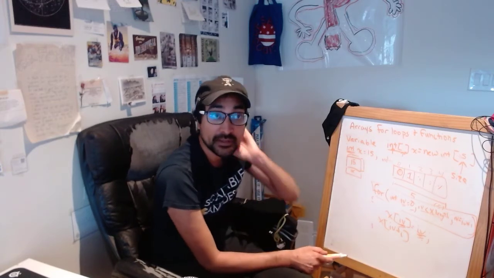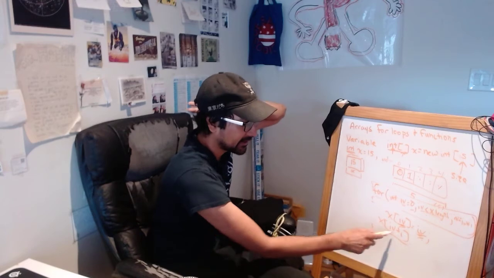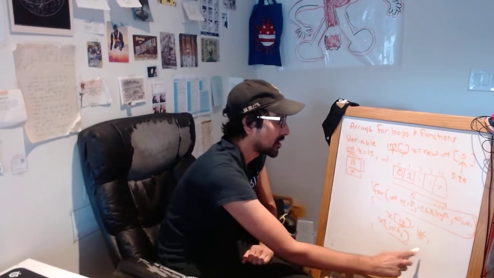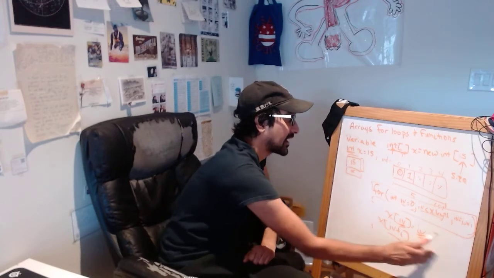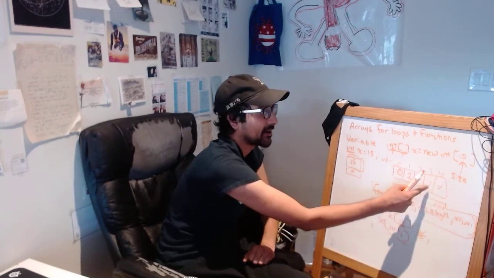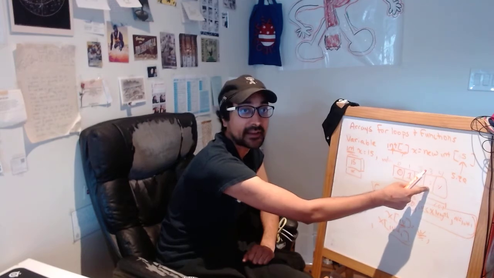So I have to be real careful if I'm indexing iv plus something. If I'm indexing iv plus 1, I don't want to go all the way to length. I want to go to less than length minus 1.